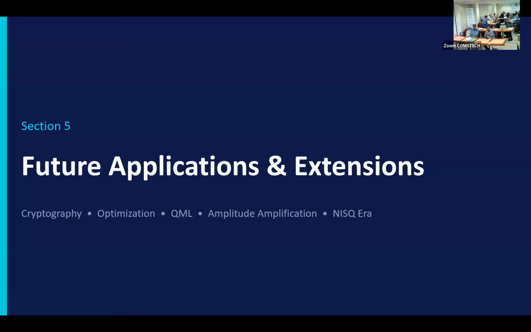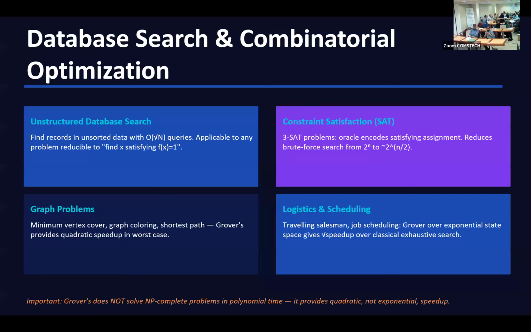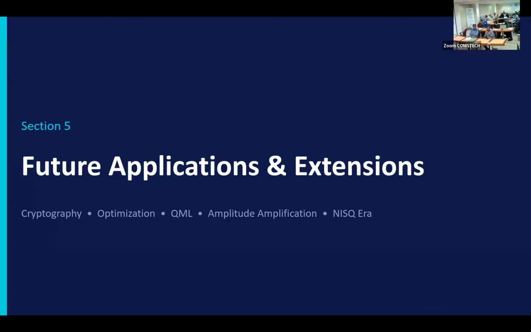In the end, we repeat the step root n times and we get an amplified state. The applications of Grover's algorithm are in cryptography, optimization, machine learning, amplitude amplification, and NISQ.